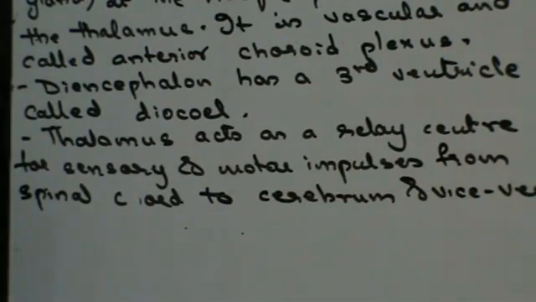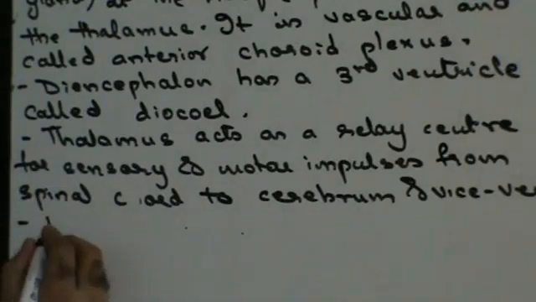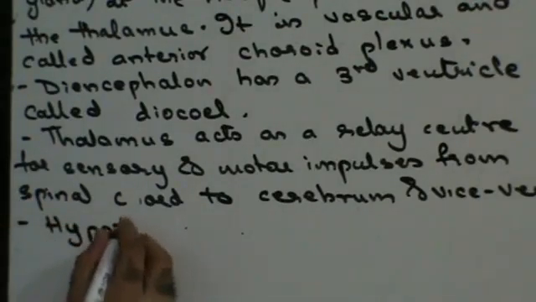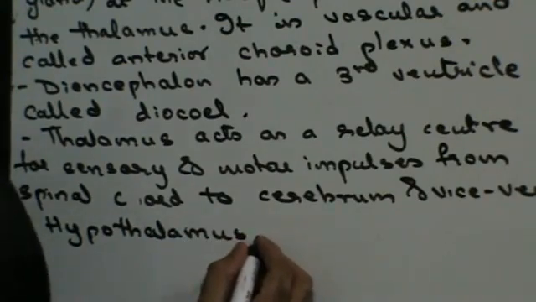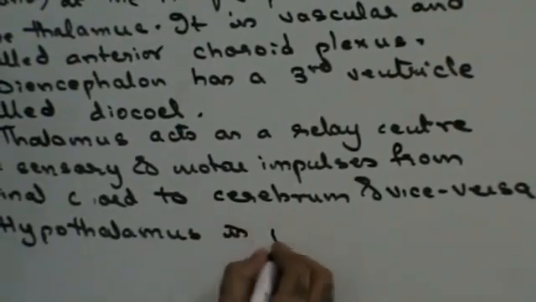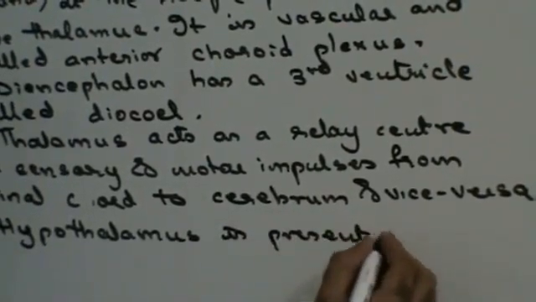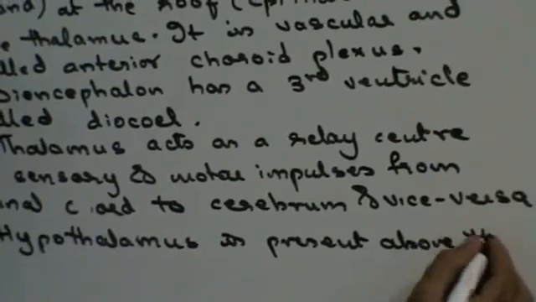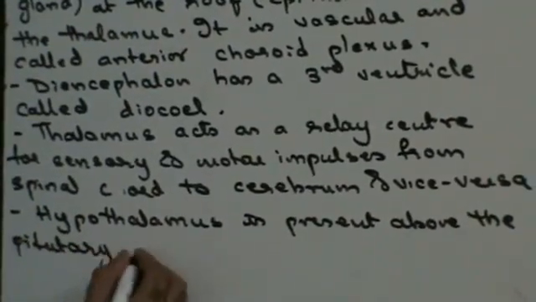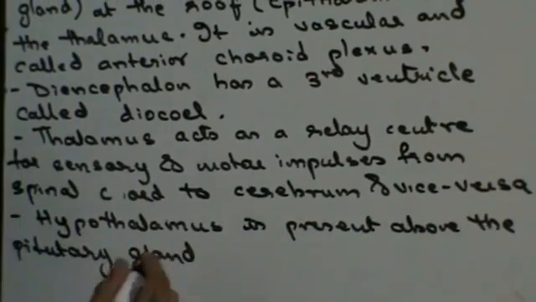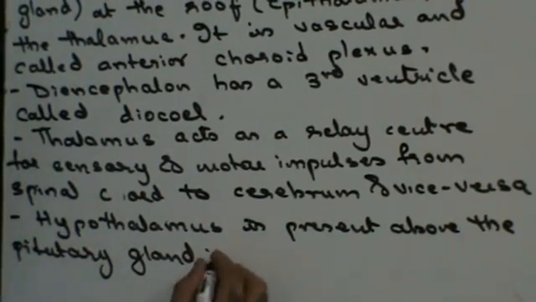Next, the hypothalamus. The hypothalamus is present above the pituitary gland, in front of the thalamus.